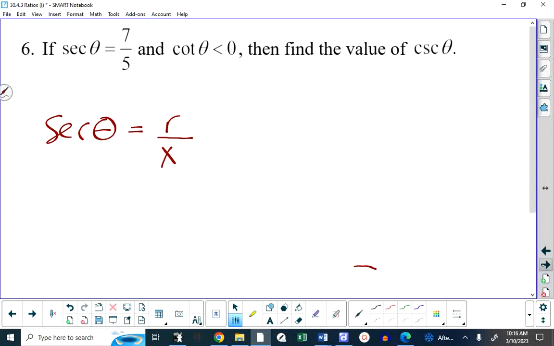Oh, secant is r over x. I go through that process all the time. Unless I immediately go to another question that has secant, I'm not going to know it's r over x without some thought. And this is equal to 7 over 5. So this is 7 and this is 5.